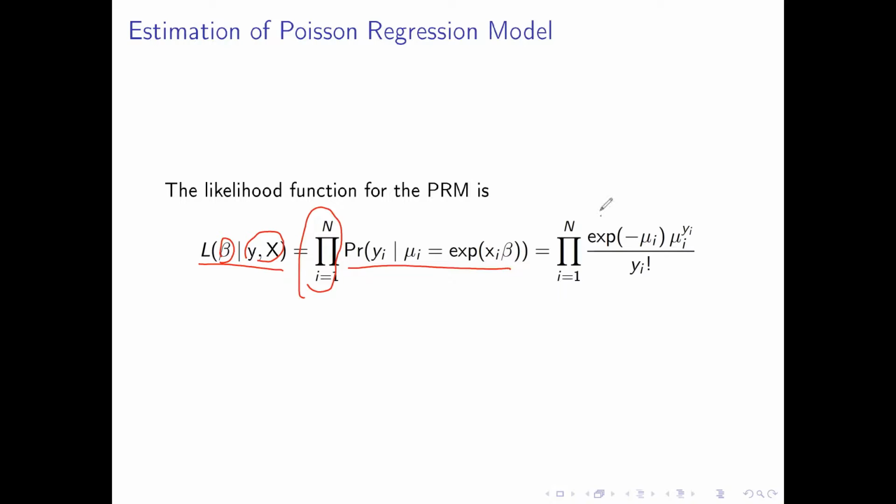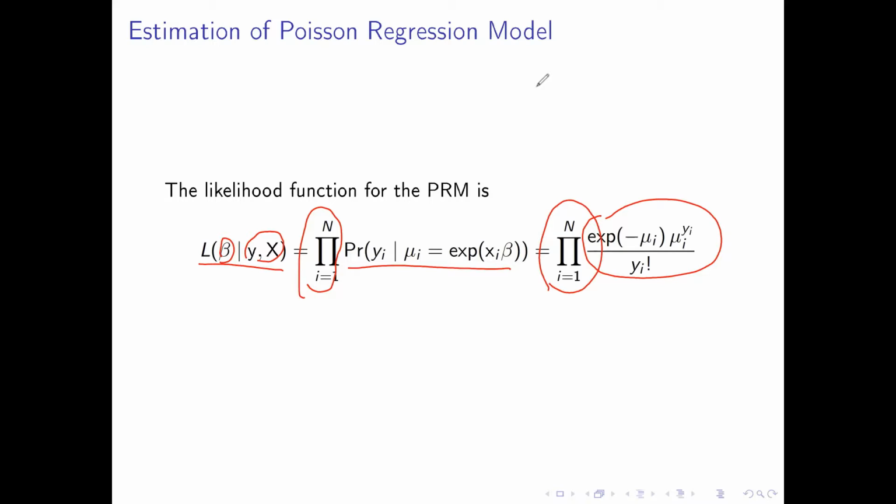Each individual probability is the probability of the observed count, and we multiply across all n cases.